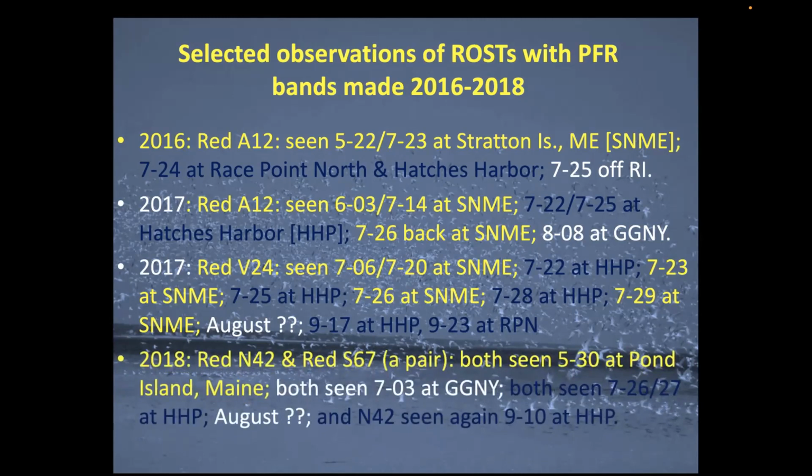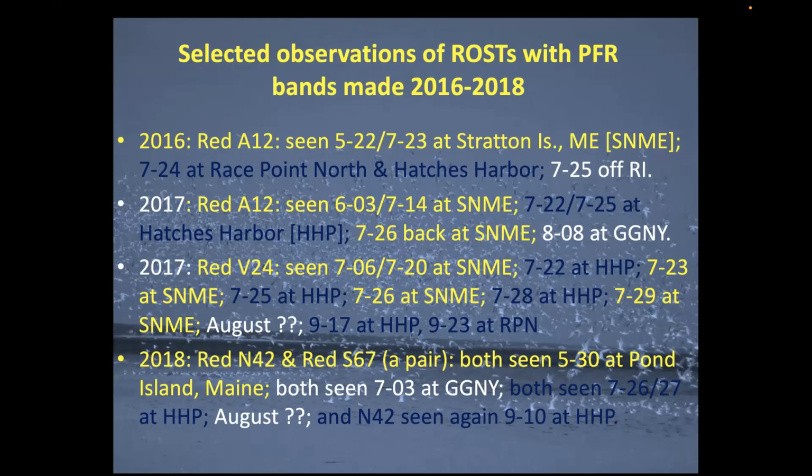And then this is a secondary consequence. These 2 birds were originally banded at Seavey Island, New Hampshire. And in 2018, they were both seen at Pond Island, Maine on the 30th of May. So one would have expected they would stay and nest there. But then they were both seen together in early July at Great Gull Island, which suggests that they did not nest up in Maine, but came back down and actually went to Great Gull to nest.